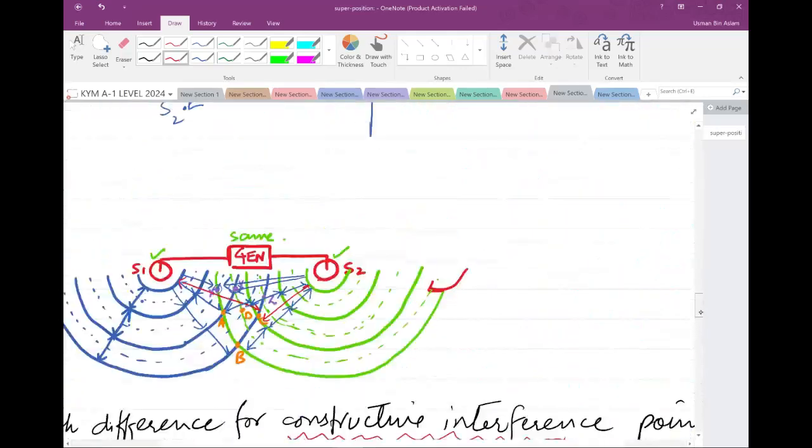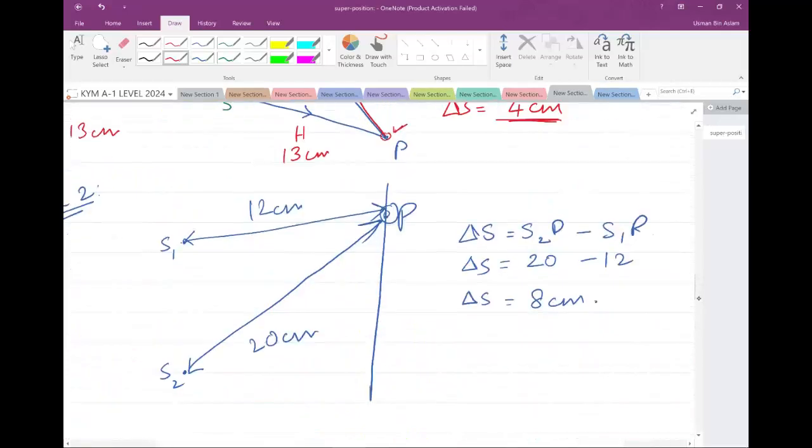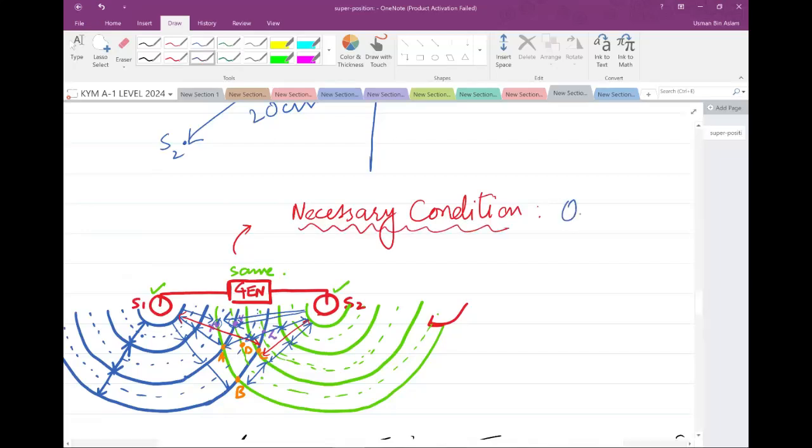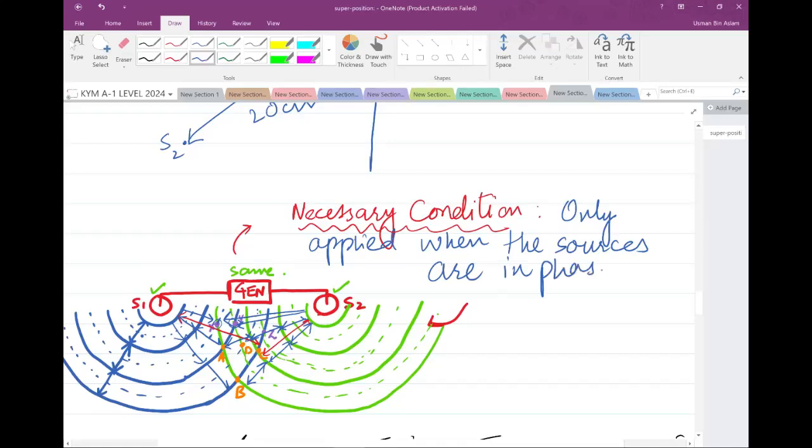I'm just going to tell you one last thing for today. All this discussion that we have done, the two formulas that we have studied, an absolutely necessary condition: they will only apply when the two sources are in phase with each other.